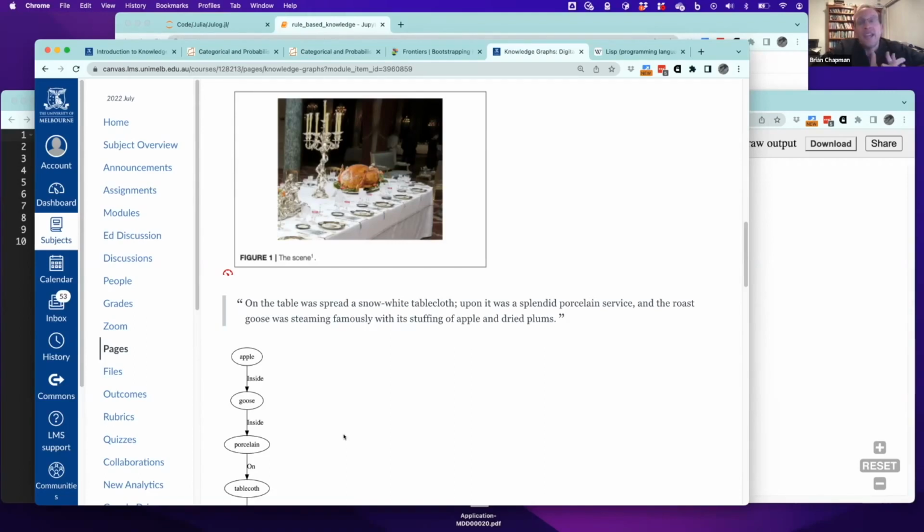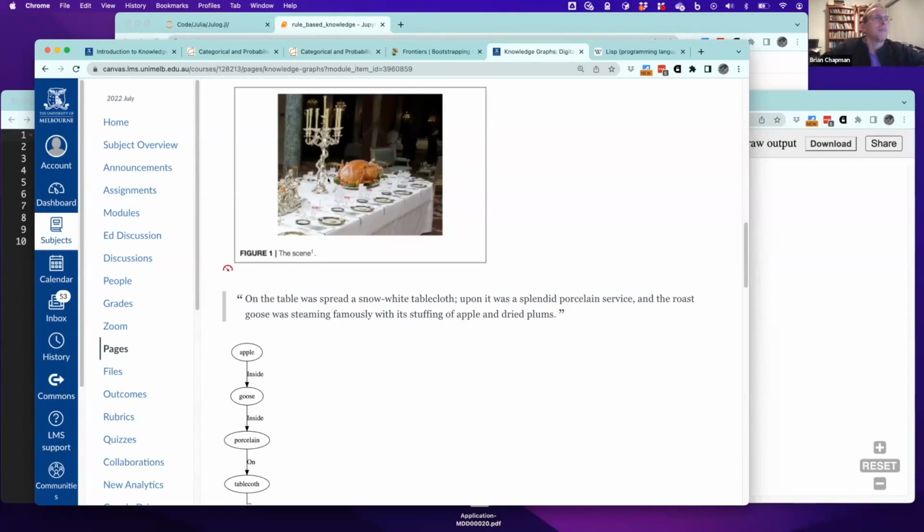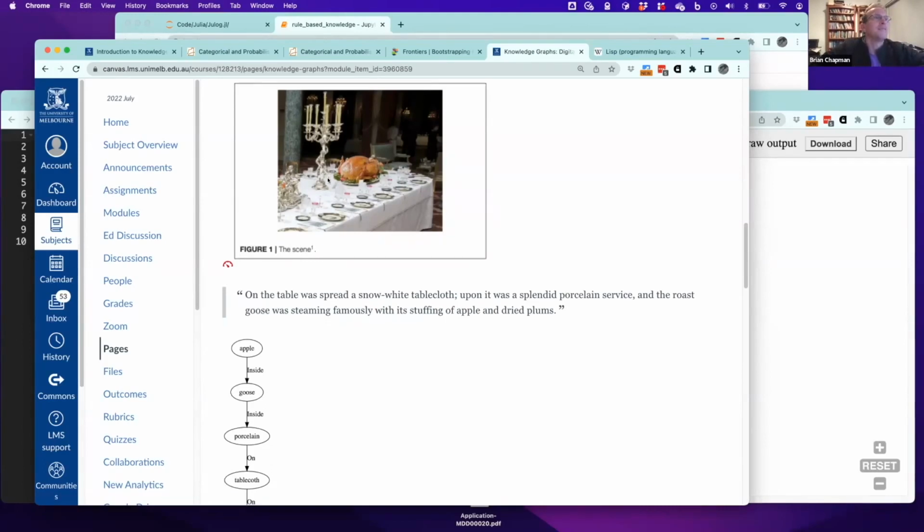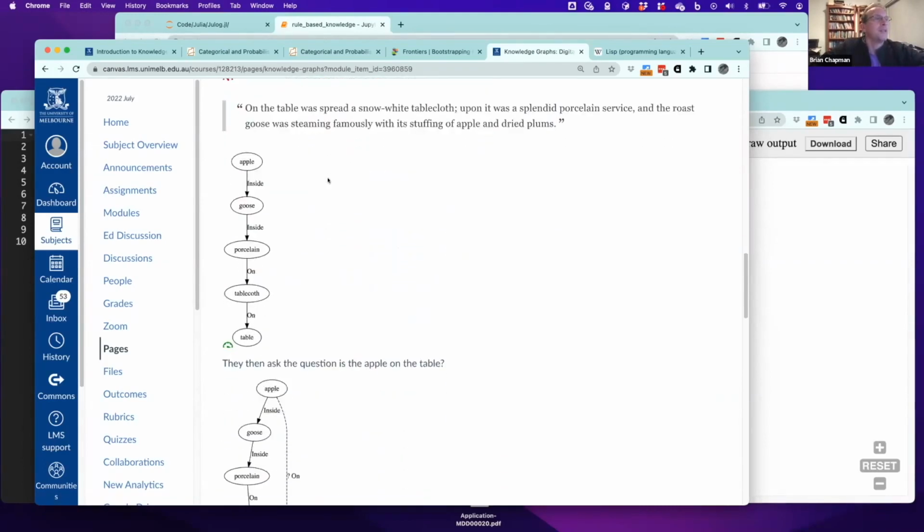So the paragraph includes white, so we don't capture the color of anything. And the photograph is distinct from the paragraph, but there's a lot of other stuff going on on that table that we're not bothering to represent in this model.